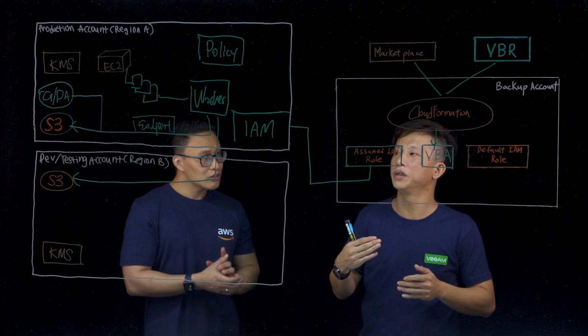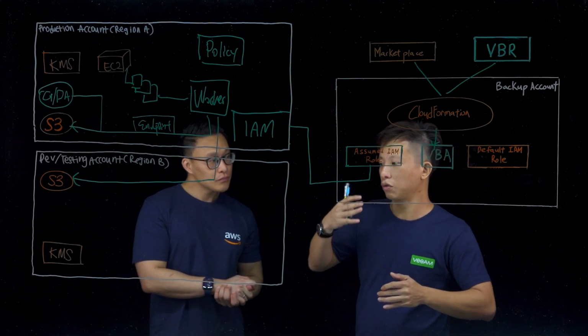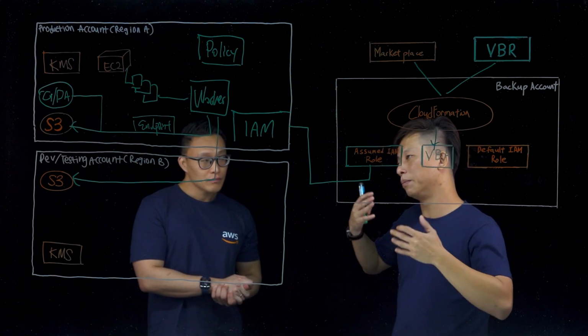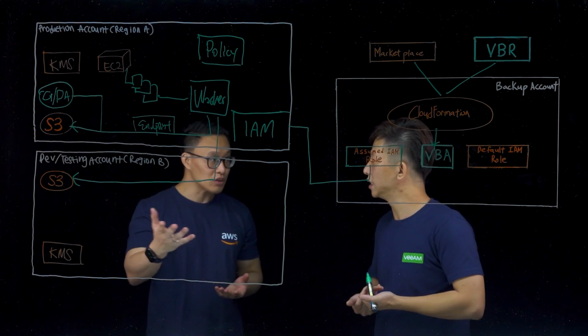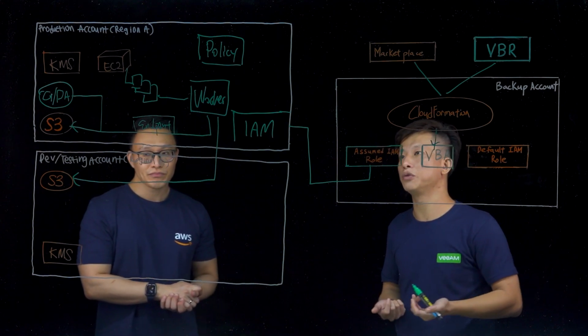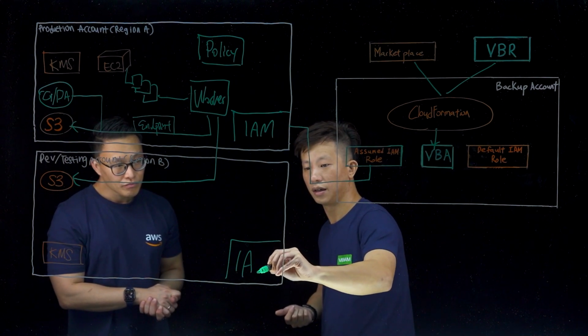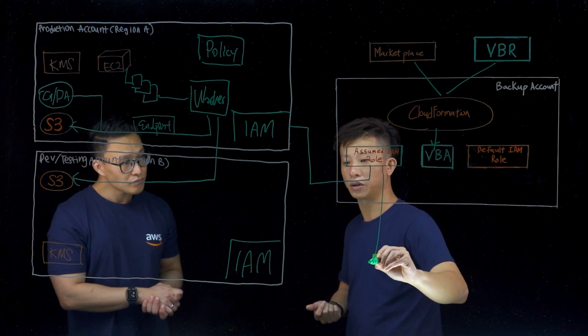What we're going to do here is make sure that we can reuse the data for either cross-region or cross-account recovery, or maybe for the purpose of recovery in a dev environment. Maybe sandbox testing? Yes, correct. In this case, we are going to use the same concept of cross-IAM account, and we are going to assume the role from the backup account, going back to here.